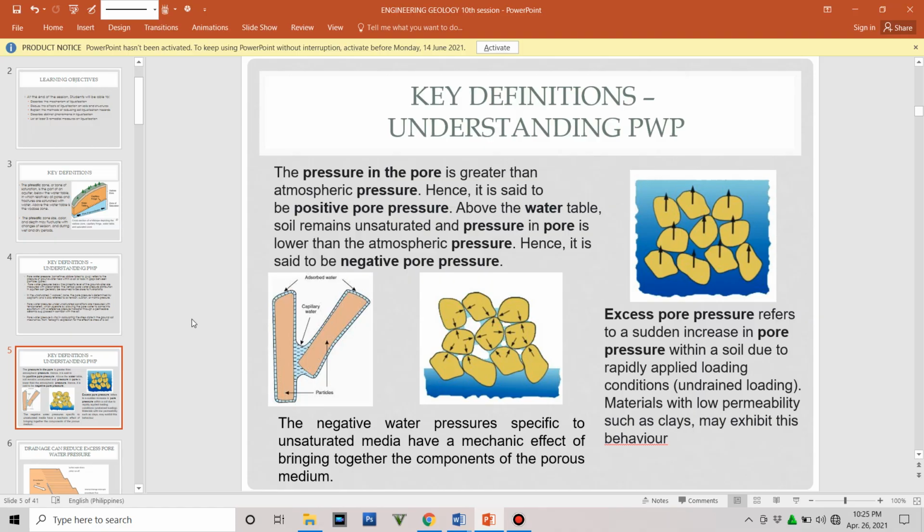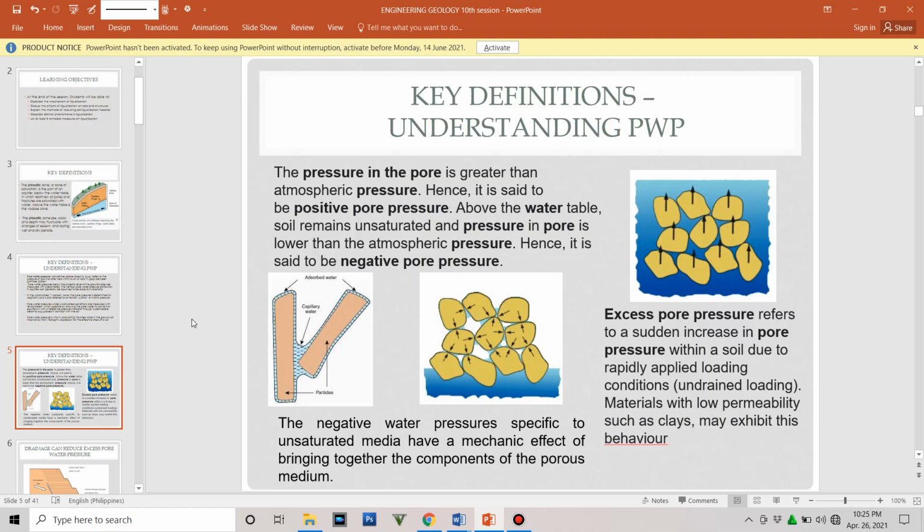And that is excess pore water pressure. So, excess pore pressure refers to a sudden increase in pore pressure within a soil due to a rapidly applied loading condition under undrained loading. So in a while, I will also discuss undrained and drained conditions.